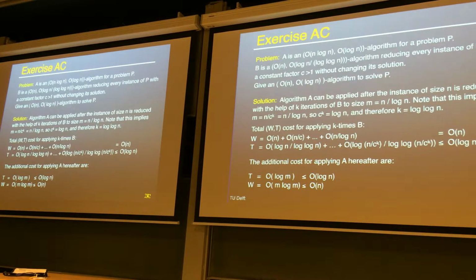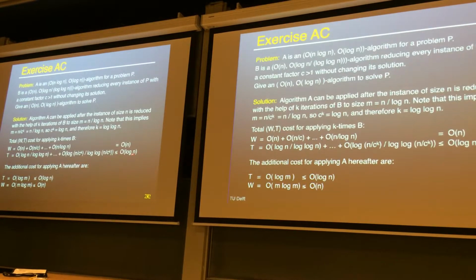And again, we need here the criteria, because now we see that work is at most O(n) in the second phase, and time is at most log n, and that's C2.